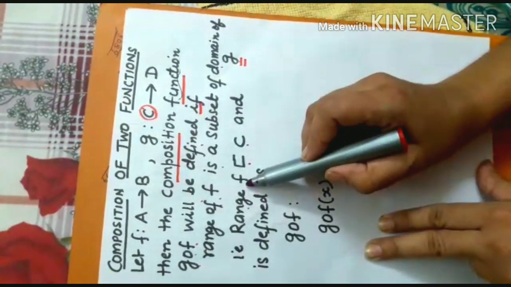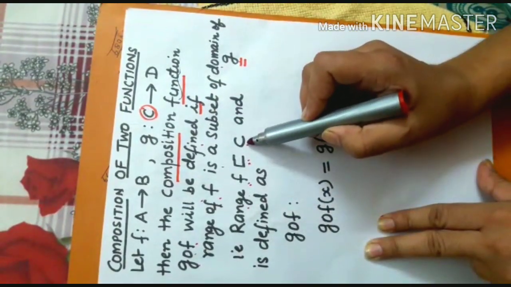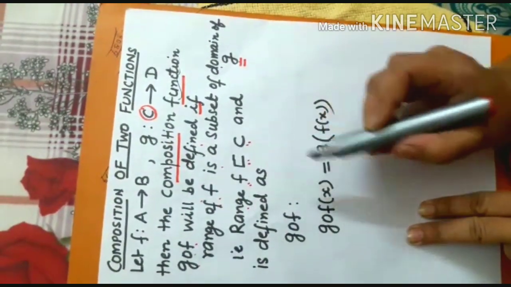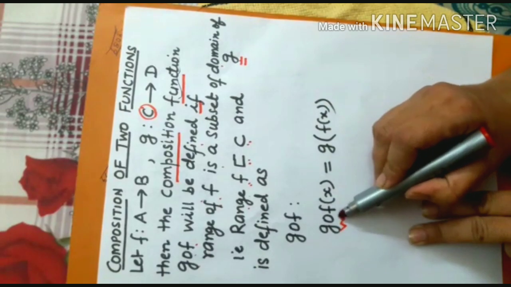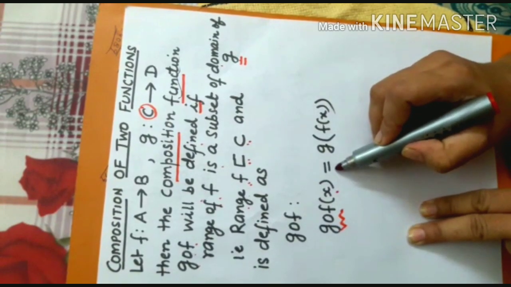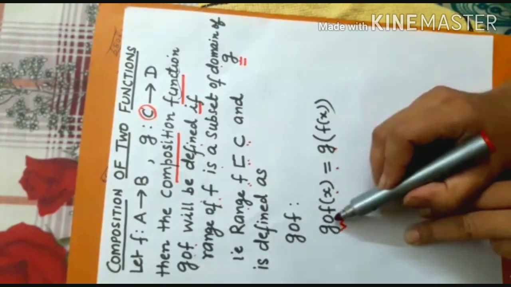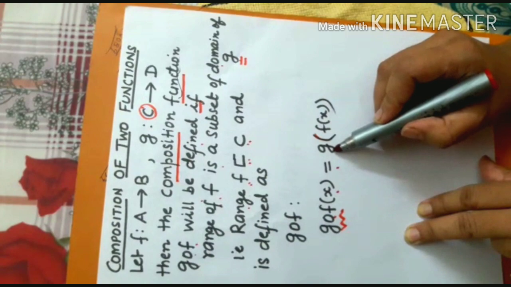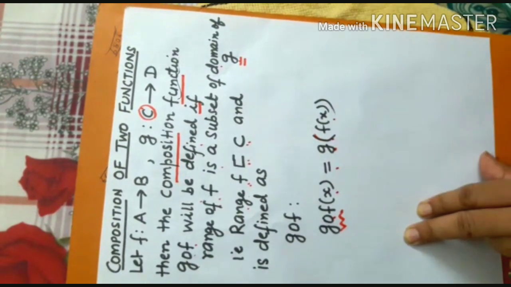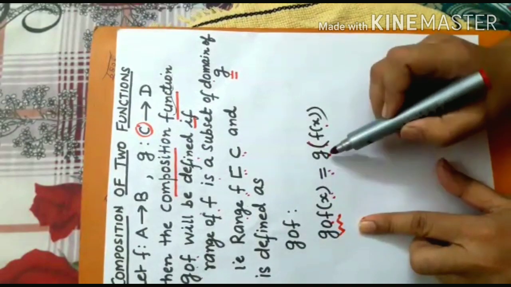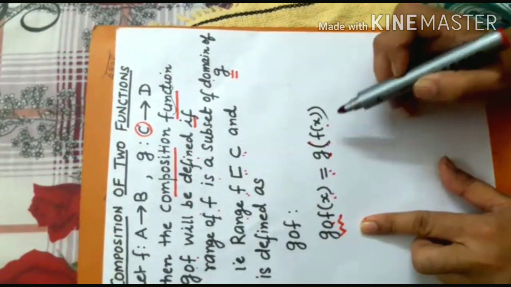So range of f should be a subset of C, and is defined as under the function gof, image of x is equal to g of f(x).